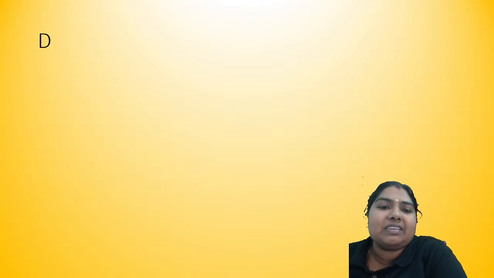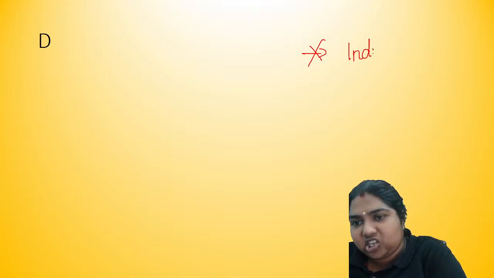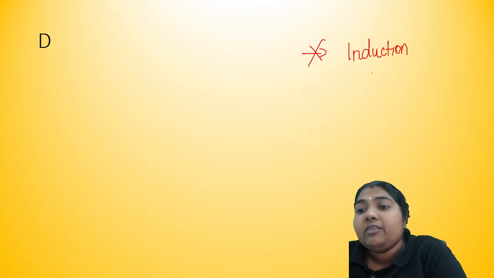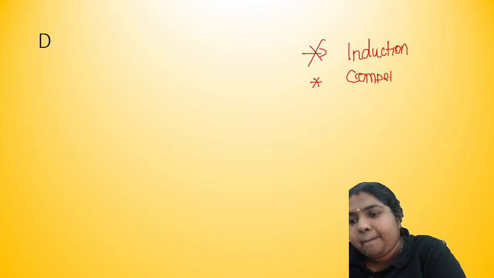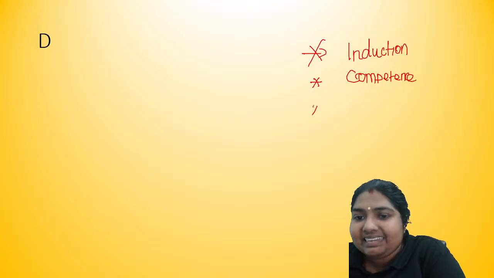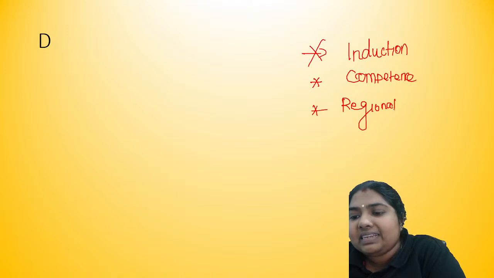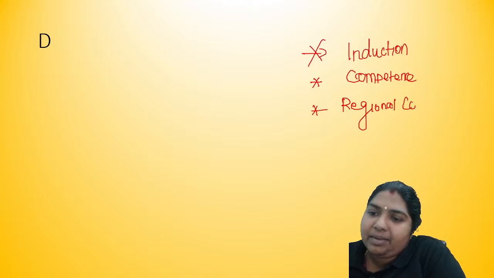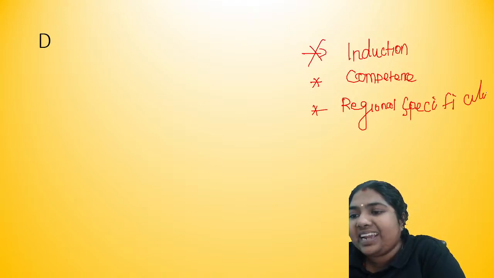Now this concept is clear to you. What keywords have we noted? We have learned what induction is, what competence is, and what regional specificity is. These are the keywords. Whenever you are preparing for the examination, you have to look not only at the MCQ but also at the options.